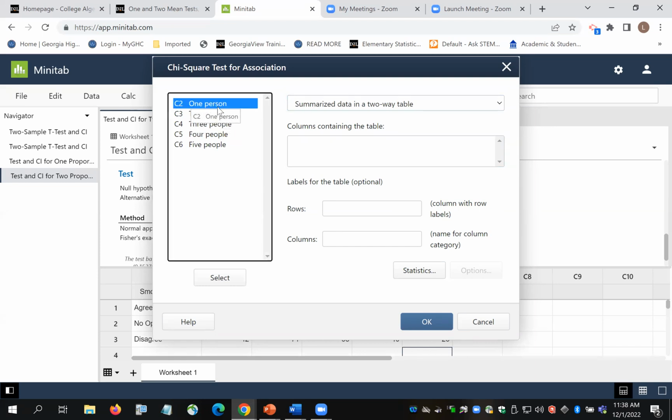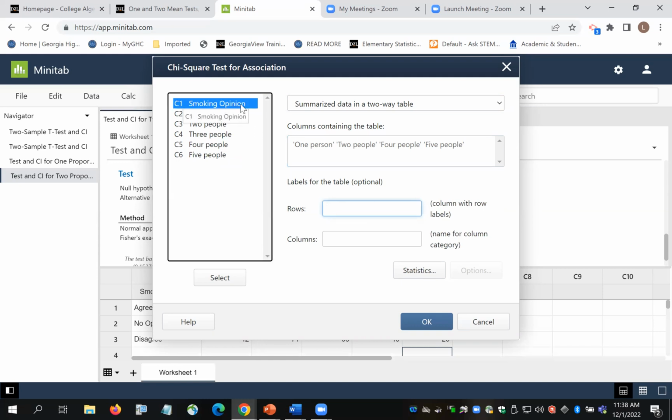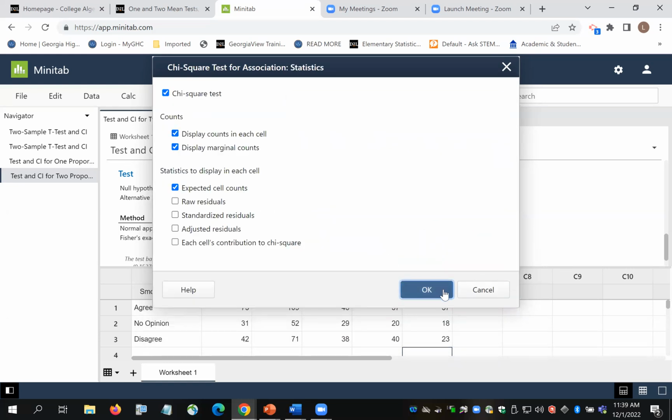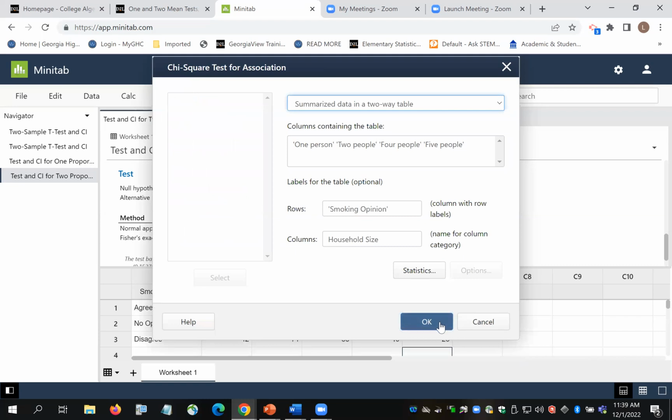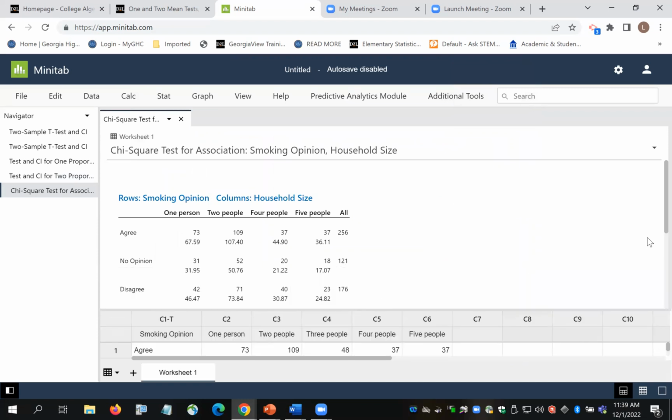They're in column 2, 3, 4, 5, and 6. The rows represent the smoking opinion. We do statistics. I don't need to change anything there. And I click OK.